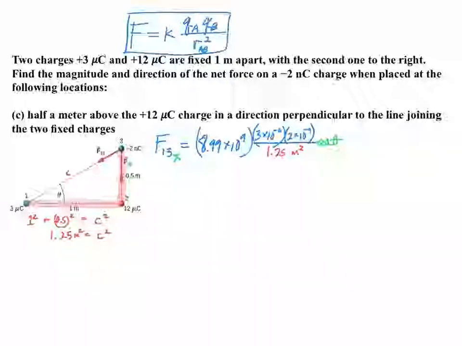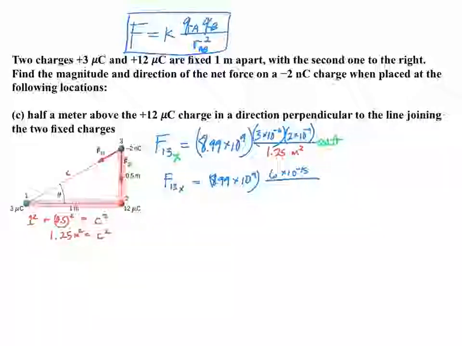So this F13 along the x direction is still going to be this 8.99 times 10 to the ninth. I'm going to combine this stuff up top here. This is going to be 6 times 10 to the minus 15. 3 times 2 is 6. 10 to the minus 6 times 10 to the minus 9 is minus 15.